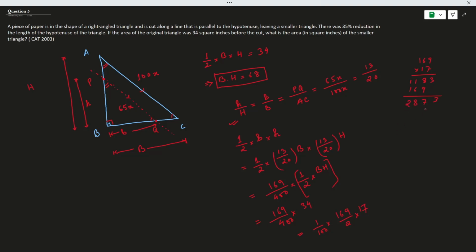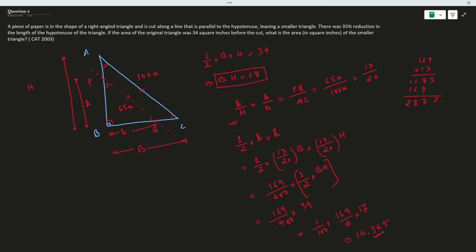If I divide it, it will be 14.33 something, divided by 2, so approximately 14.36. I have to divide it by 100, so 14 point something.